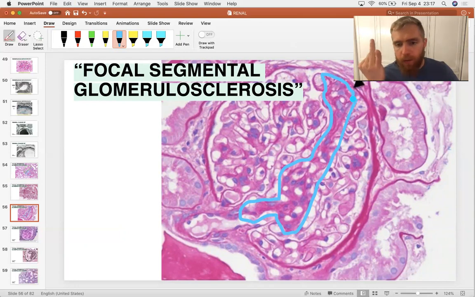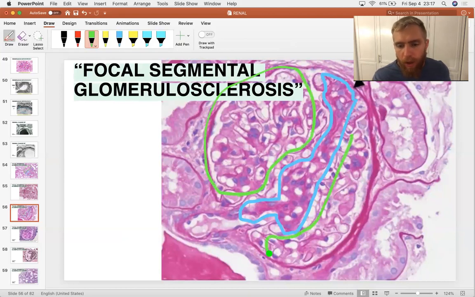And then number two, there's extracellular proteins too, as cells tend to throw down collagen and other constituents of extracellular matrix in response to damage. So there's your glomerulosclerosis there in the middle. There's your sclerotic lesion, but this is segmental because you've got large parts of this glomerulus that are entirely normal capillary-wise.